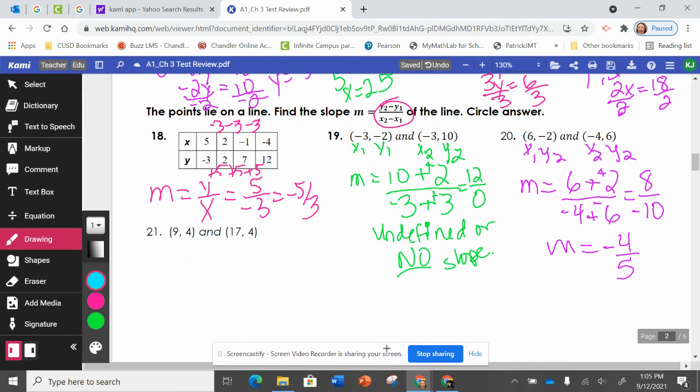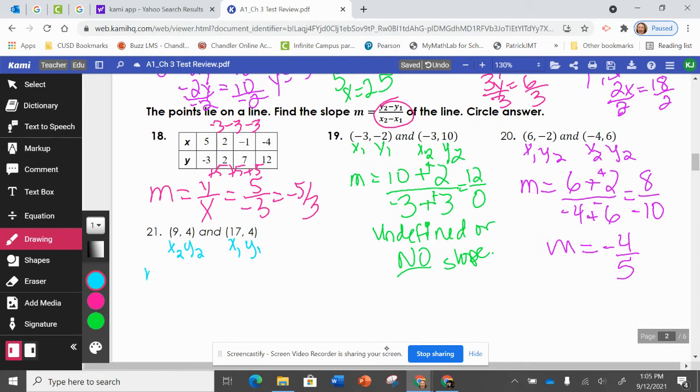For number 21, I'm going to switch this up a little bit, and I'm going to make this first one x2, y2, and the second set x1, y1, because remember, that part doesn't matter. What matters is that you're consistent.